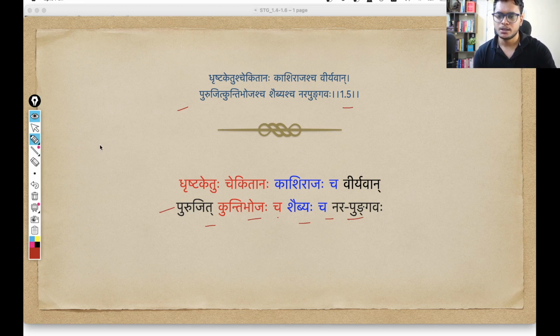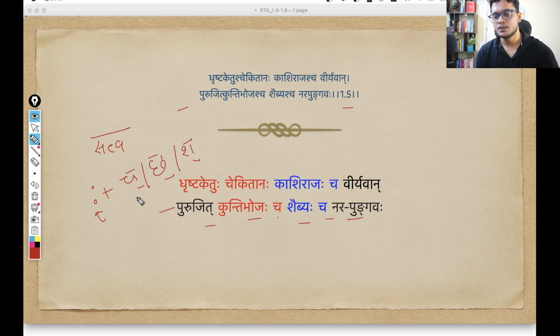That sandhi is called Sattva sandhi, and it goes like this: after a visarga, if cha, chha or sha, these 3 consonants come, then instead of the visarga we get sha.